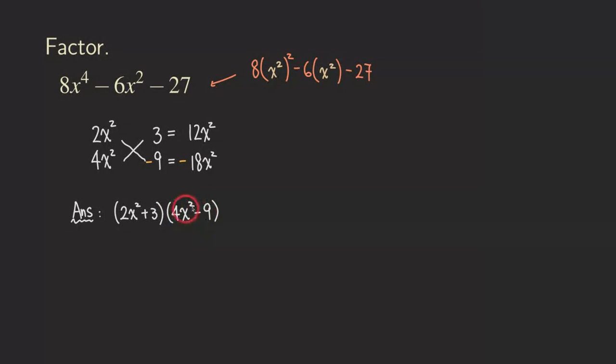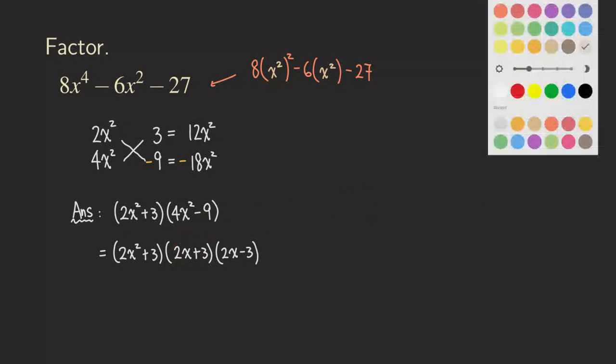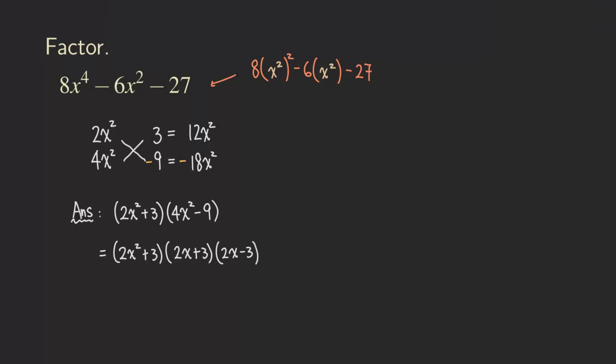So we keep 2x squared plus 3, and continue to factor 4x squared minus 9. That factors into 2x plus 3 and 2x minus 3, due to the difference of 2 squares formula.